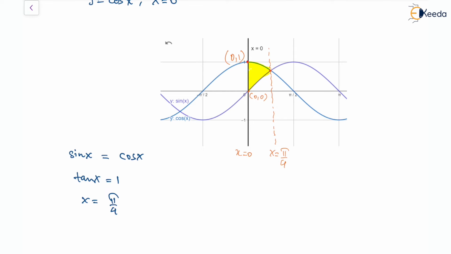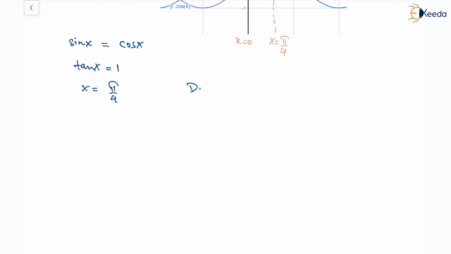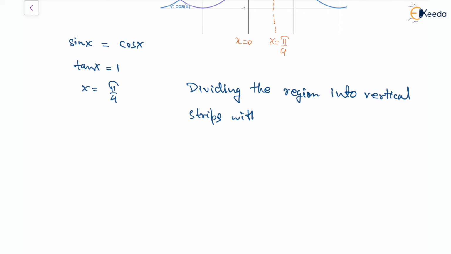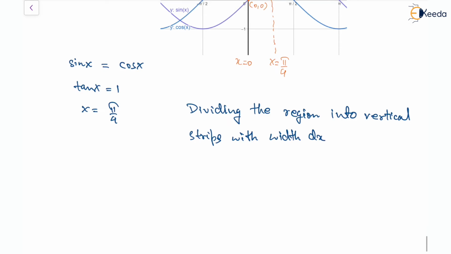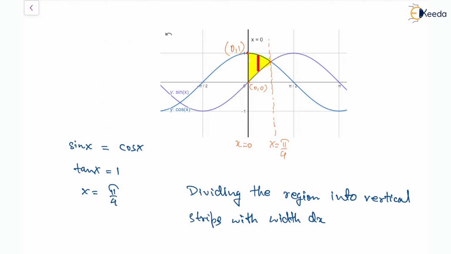Now if we try to divide the area into vertical strips with width dx, let's say this is our vertical strip.